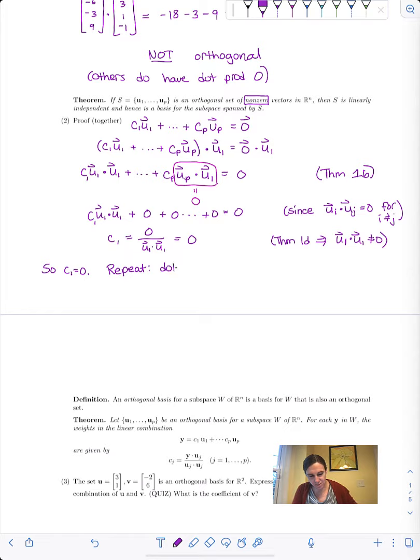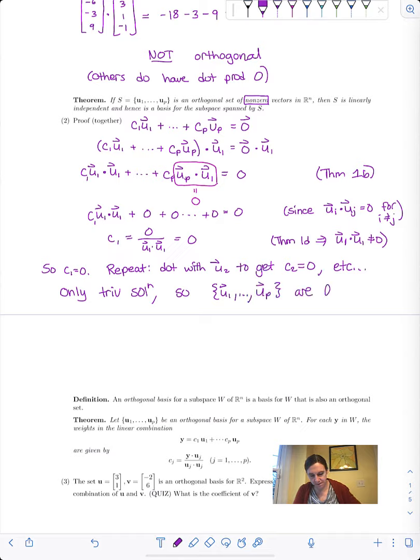You can dot the whole thing with U2 to get C2 equals 0, and so on. Ultimately, you get only the trivial solution. And so, in fact, these vectors are linearly independent, as we wanted.